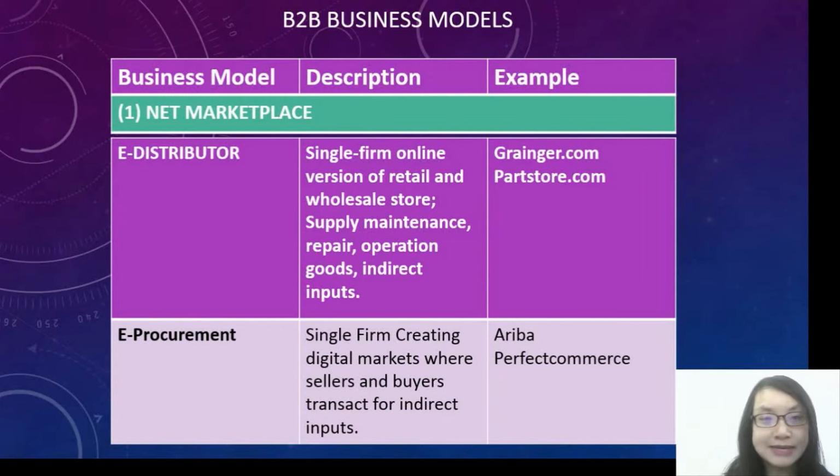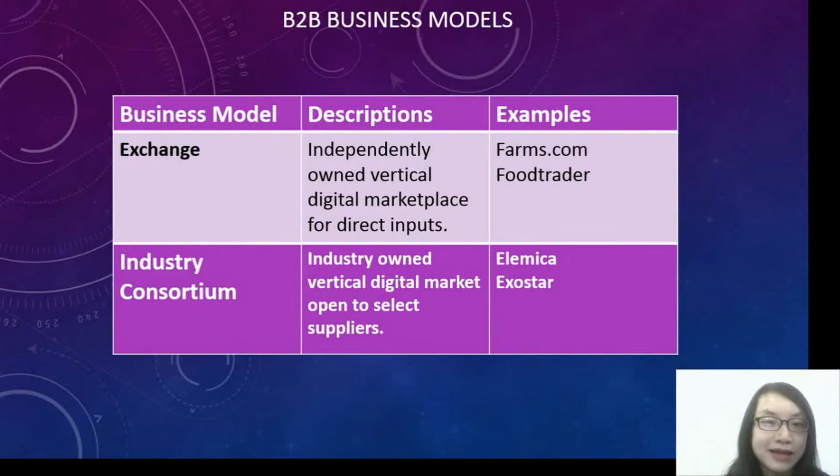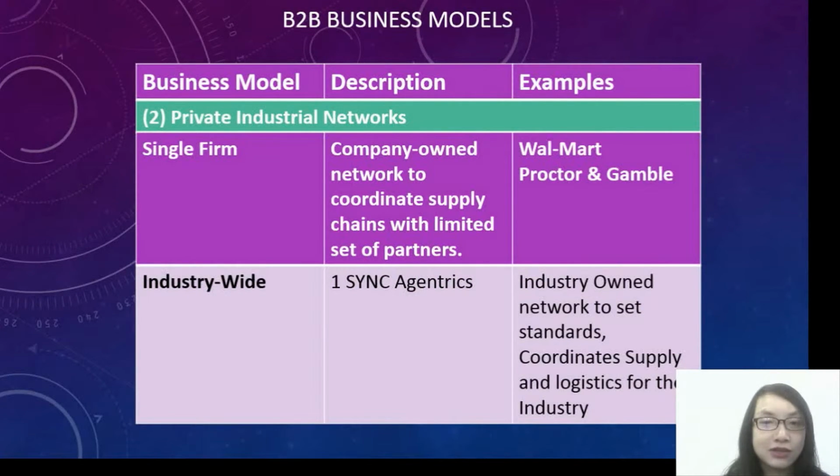Second one is e-procurement, where single firms create digital markets for thousands of sellers and buyers. The next is exchange, an independently owned digital marketplace for direct inputs, usually for a vertical industry group. The next one is industry consortium, an industry-owned vertical digital market. And the last one is private industrial network, an industry-owned private network.